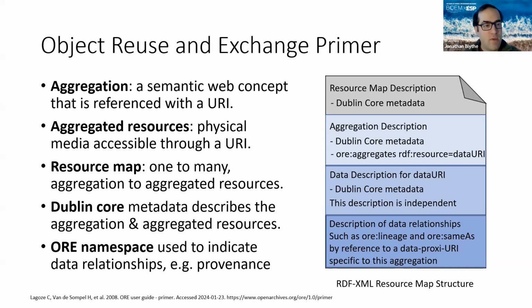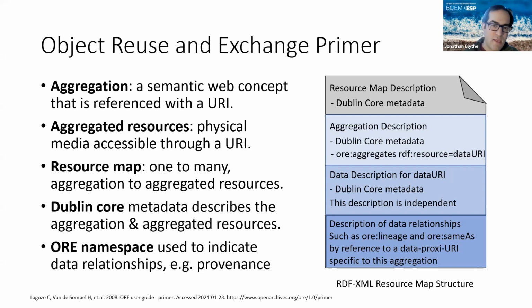This is fundamentally about aggregations of data and the way these are referenced in what's called a resource map. It describes the relationship between the aggregation and the aggregated resources, where the data set granules are the aggregated resources. And the aggregation is some concept that defines this resource map.